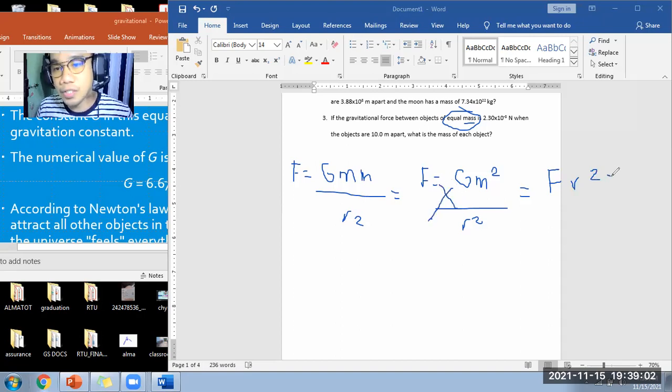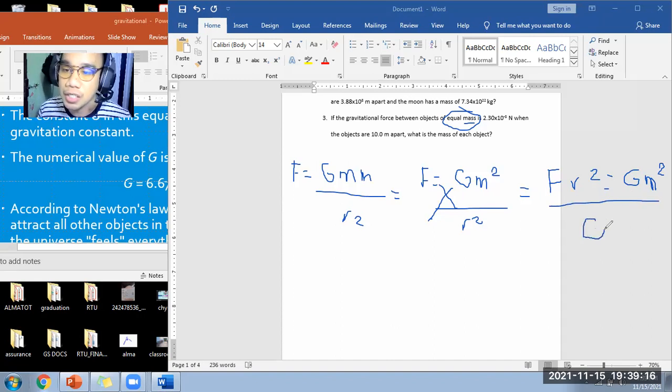F R squared is equivalent to G M squared. Di ba? So ang kailangan daw natin is yung mass. So divide both side by G, para mawala dito yung G, ang maiwan is M squared. So mangyari ang formula natin magiging M squared is equivalent to F R squared over G.